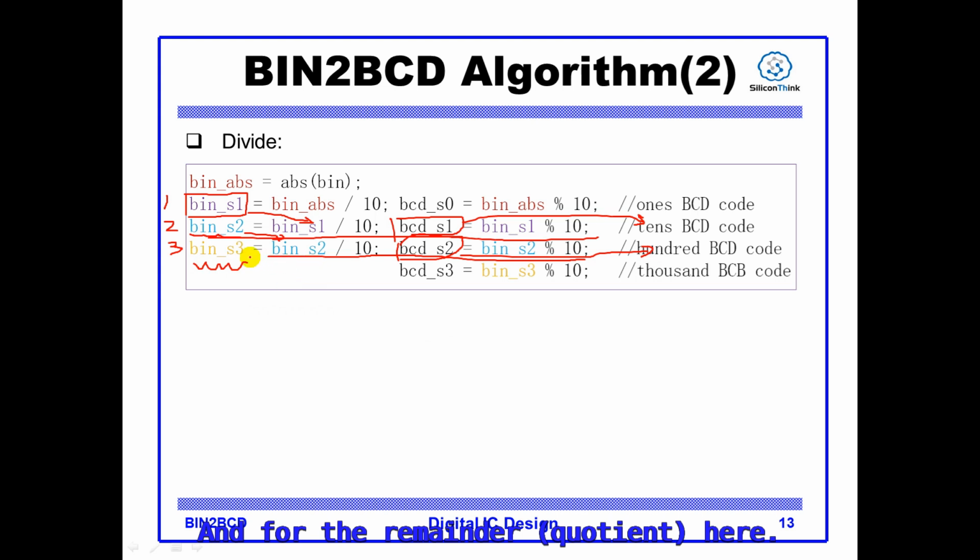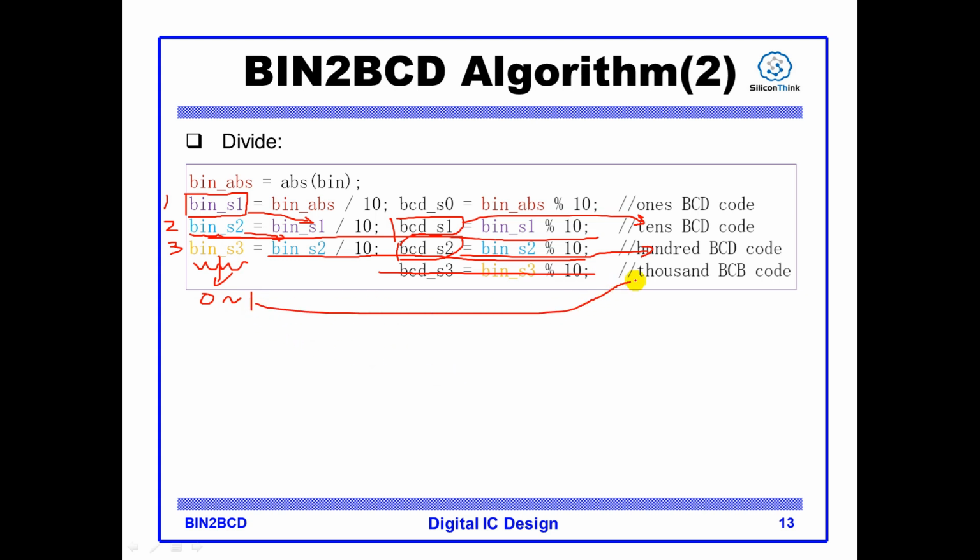And for the remainder here, the bin underline S3, there is no need to divide. For this problem, this value must be in the range of 0 to 1. So this is already the BCD code for 1000.